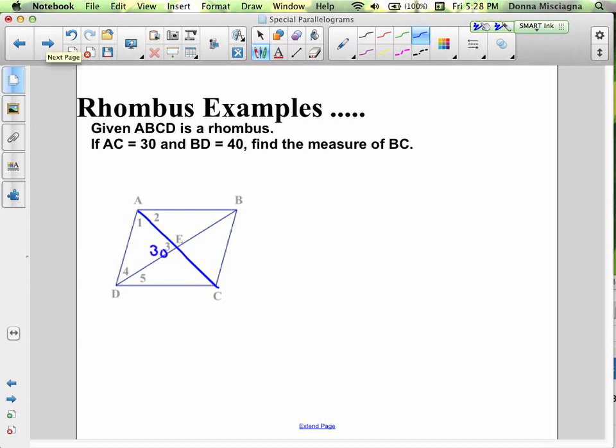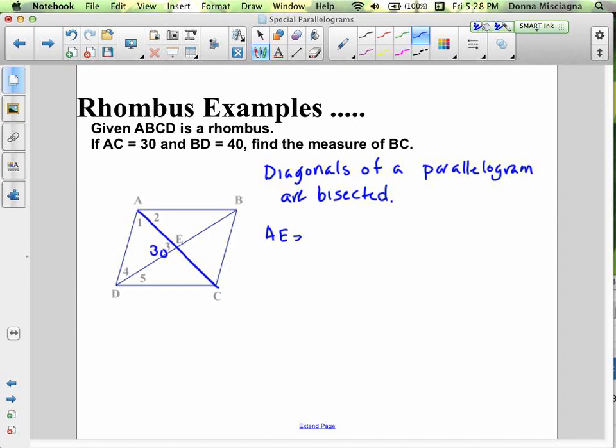Something we know about diagonals in any parallelogram is that the diagonals of a parallelogram are bisected, which means they divide each other in half. So that means AE equals 15 and EC equals 15.